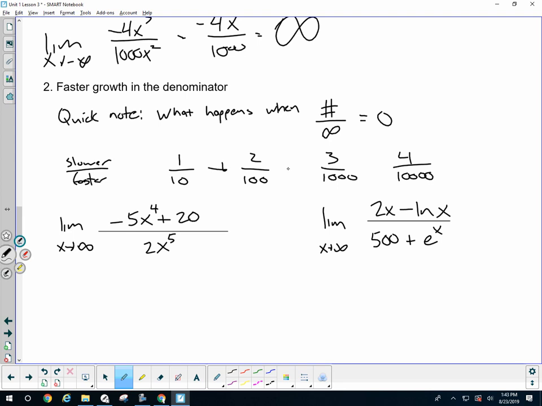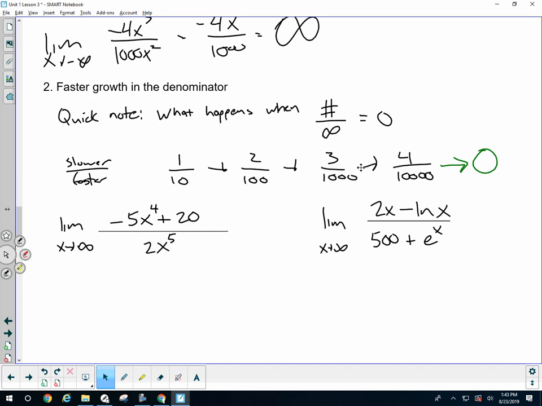What is happening if we look from one fraction to the next one to the next one? 0.1, 0.02, 0.003, 0.0004. These fractions keep getting smaller and smaller and smaller. They are approaching 0. So whether it's a number over 0 or a number over infinity, or slower growth divided by faster growth, your fractions get smaller and smaller and smaller.